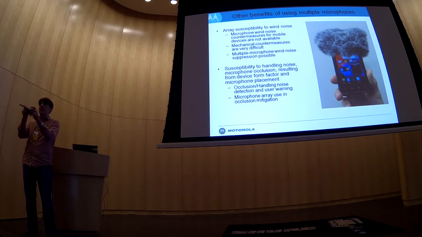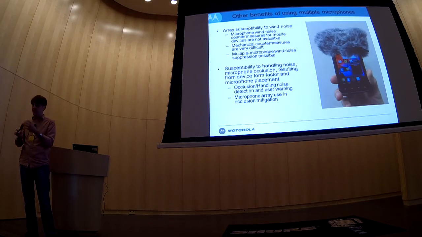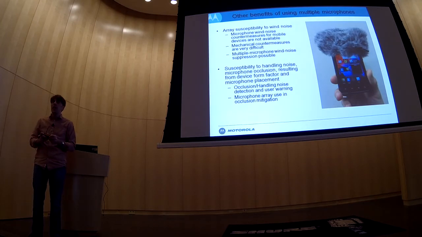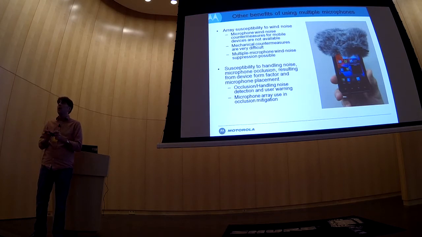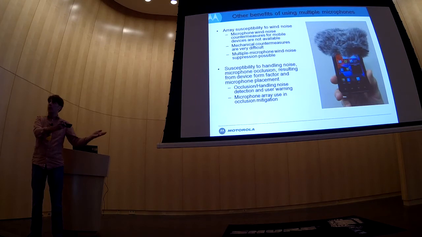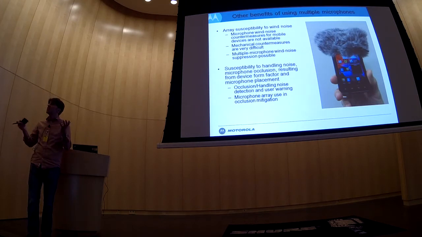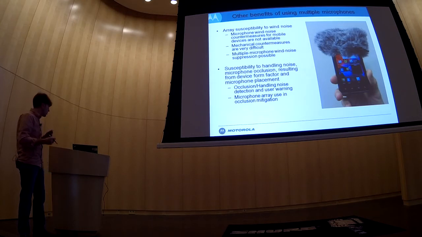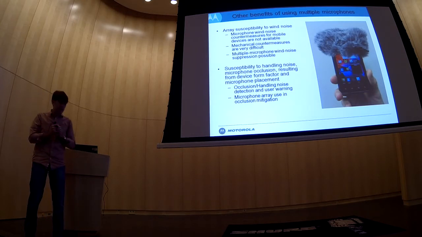The user places their hands everywhere, and all that rubbing on the body of the phone can create, believe it or not, a fairly sizable amount of noise in the microphone line, which, when it shows up on the home theater system during playback, is not very nice. It ruins the video. Fortunately, the other problem is occlusion.